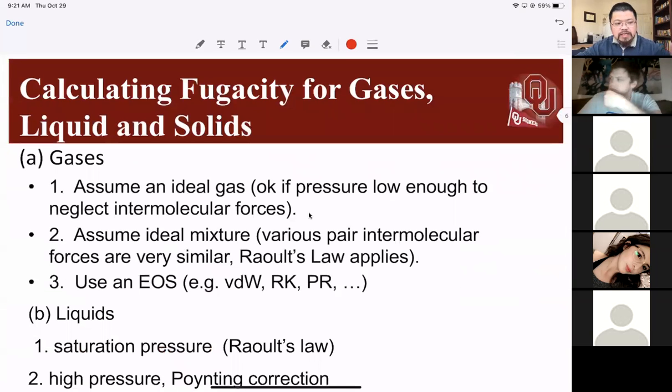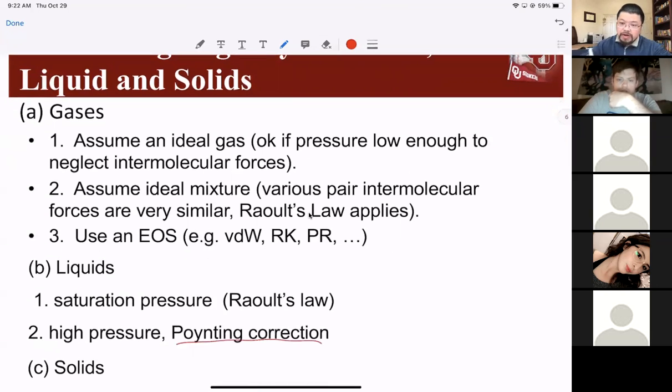We also summarized that when we have gases, there are quite a few cases where we can easily get started. When we have the liquid, we look at the corresponding vapor phase, or at the correction moving from low pressure, especially the saturation pressure, to higher pressure, and how we account for the pressure increase.